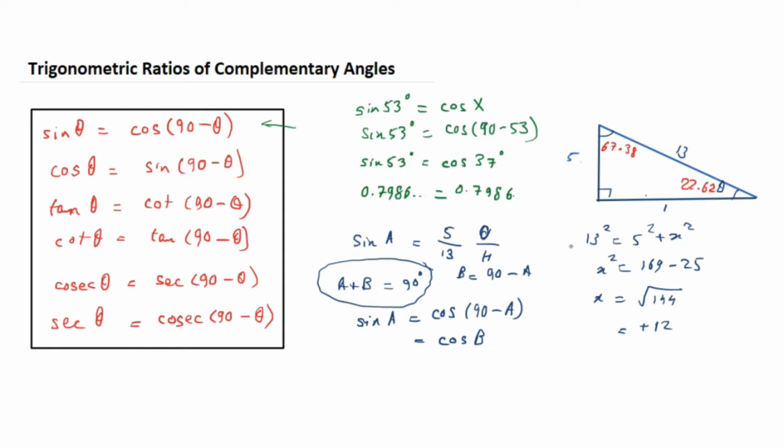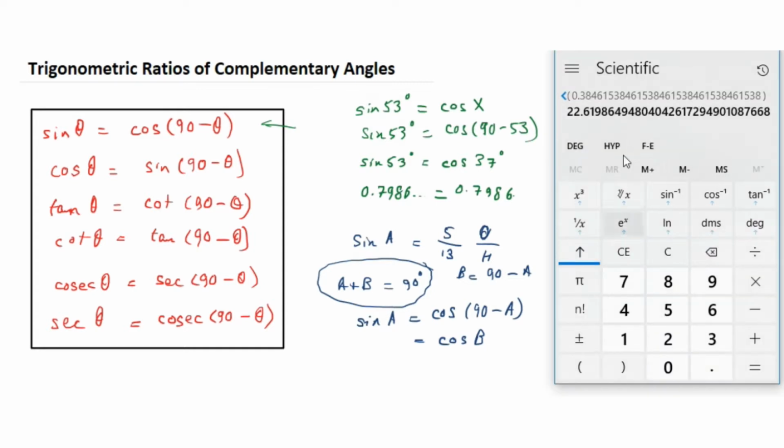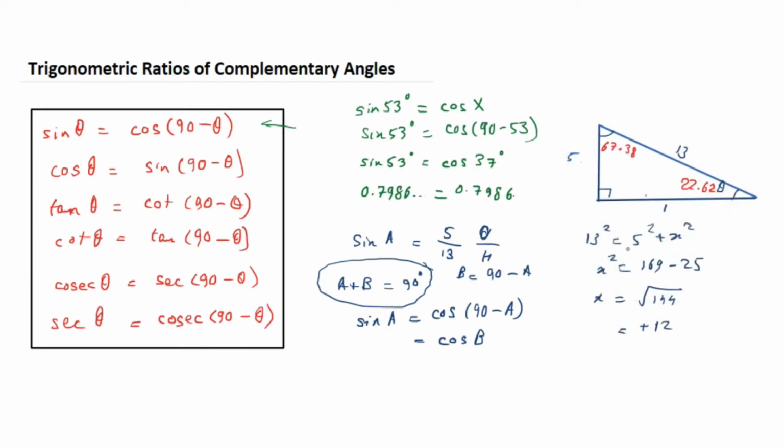And let's try and find out the cos of 67.38. Let's go the other way around. So cos of 67.38 is 0.384, which is the same as 5 over 13. So do you see how this will always work out to be the case?